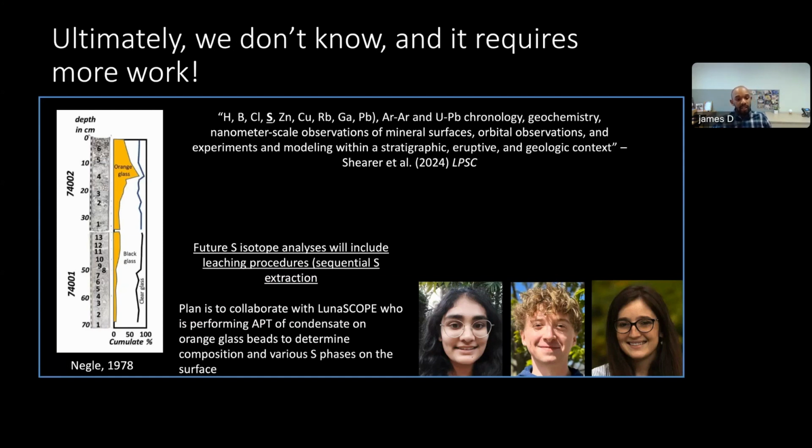I'd also note that with my original study, I did not perform a leaching experiment with the orange glasses, and so that's going to be performed with this future work. We also plan to collaborate with a sister survey, Lunascope, who's performing atom probe tomography of condensate on orange glass beads in order to determine the composition and various phases of sulfur on these bead surfaces, which would ultimately aid in how we set up our sequential extractions and which phases we hope to extract.